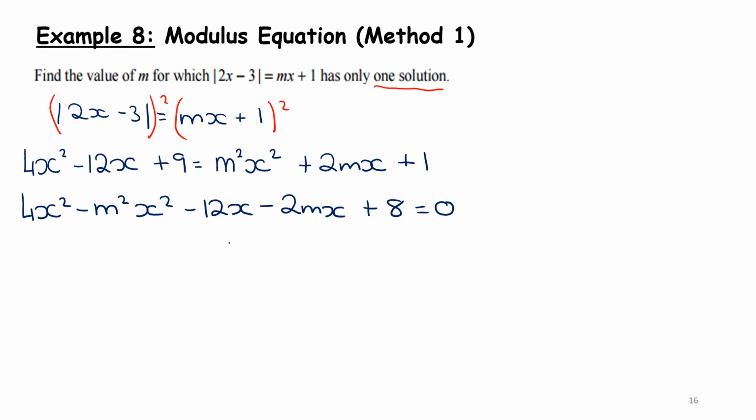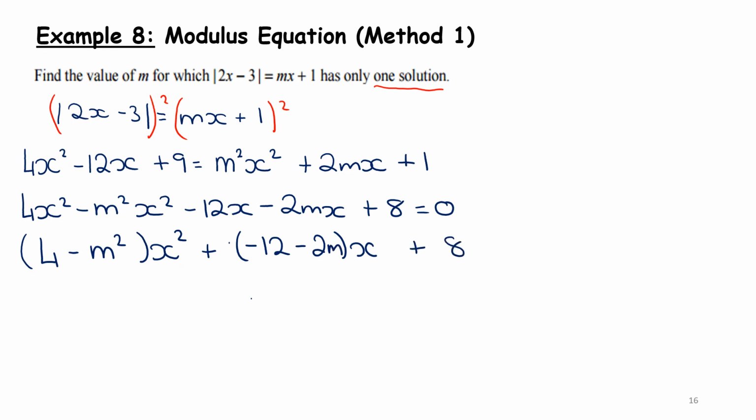Now we can leave it like this, but I think it will be much easier if we pull out the x squared. So that will create a single x squared term, and that will leave 4 minus m squared as the coefficient of x squared. Let's do the same for x. That will leave me minus 12 minus 2m, and then a plus 8 equals 0.